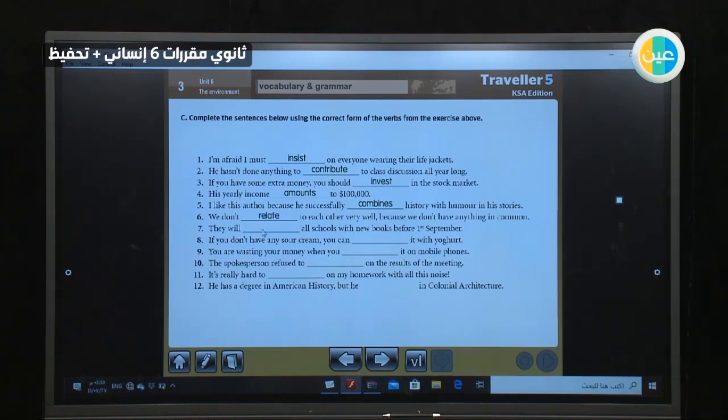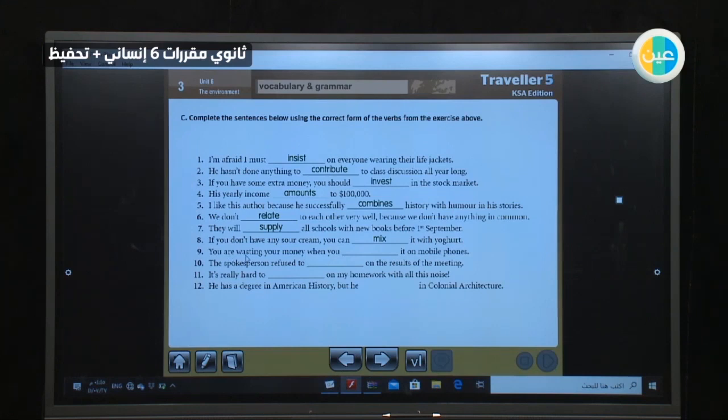They will supply all schools with the new books before the first of September. Supply, give. If you don't have any sour cream, you can replace it with yogurt. So think of instead of things, yes, replace, mix it. I'm bad at cooking.